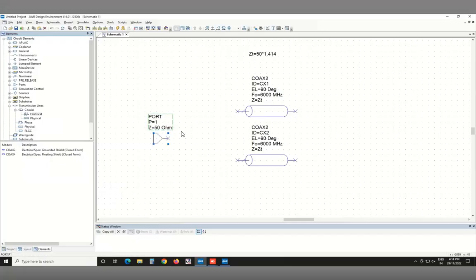We have port 1. So we have the 2 lambda by 4s at 6 gigahertz. Port 2. Sorry. Oh, what happened?